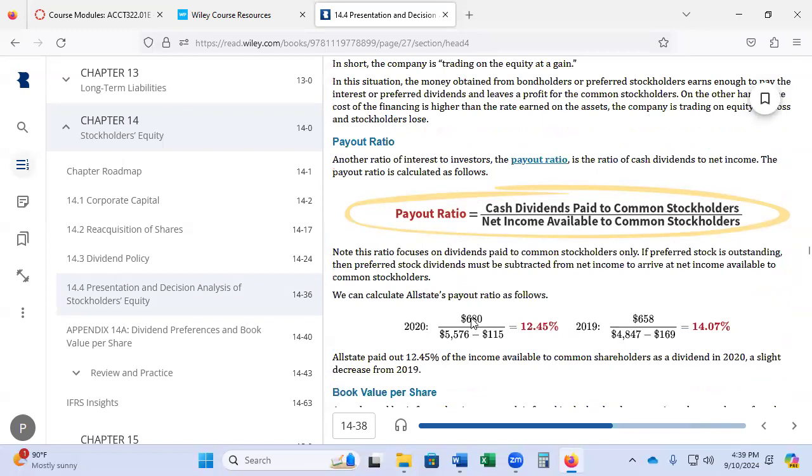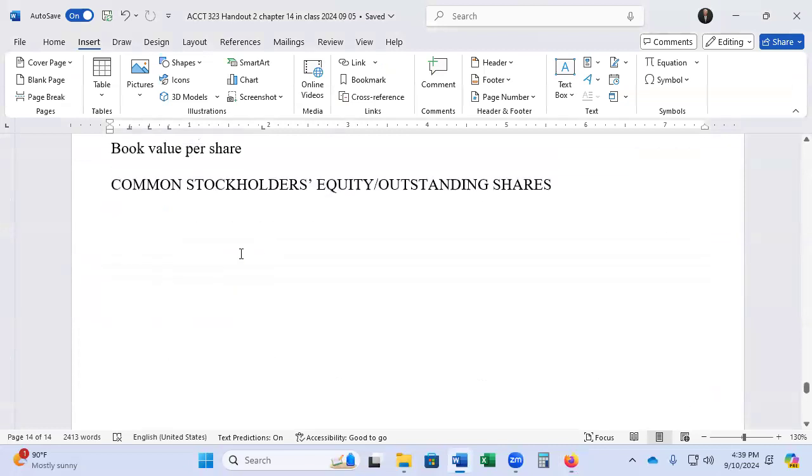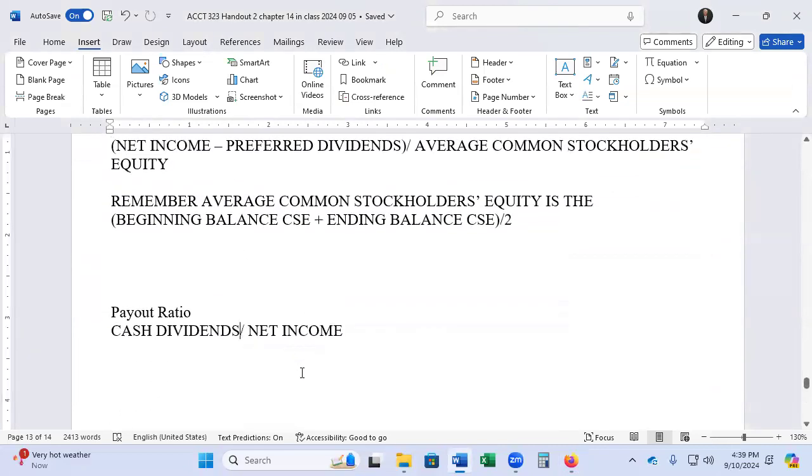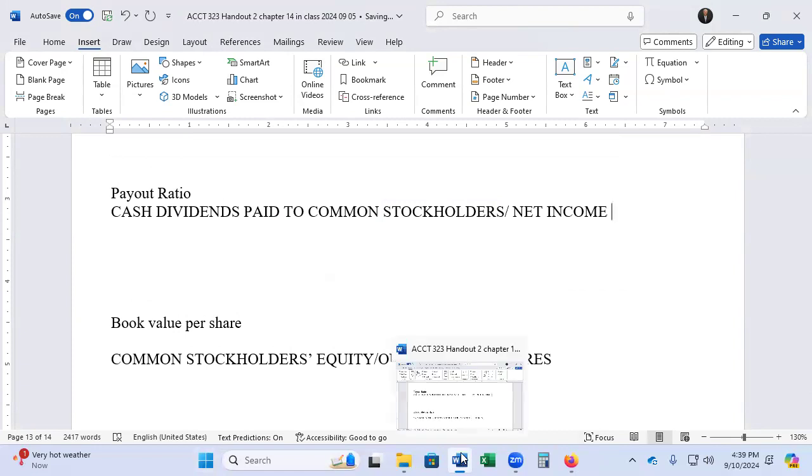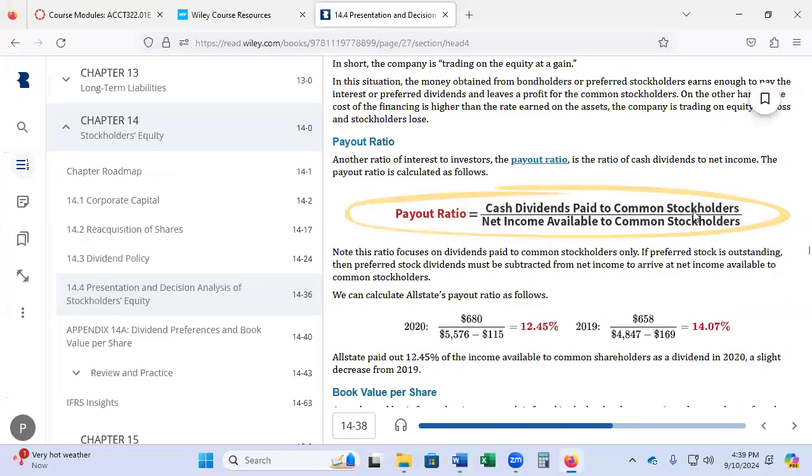Note on the payout ratio there that I made a mistake on the formula. Cash dividends is paid to common stockholders, and net income, you have to subtract out the preferred stock.